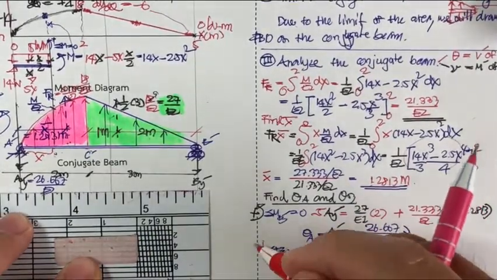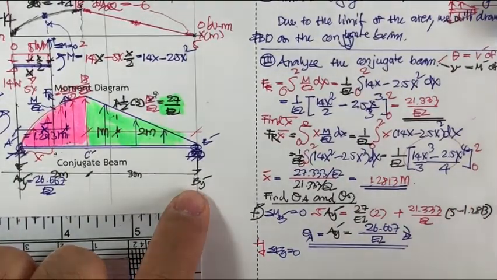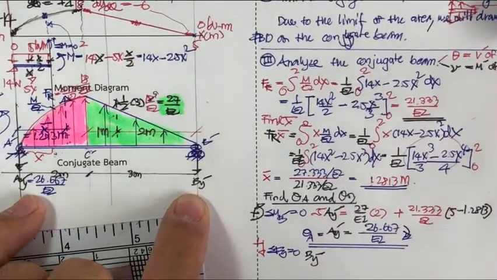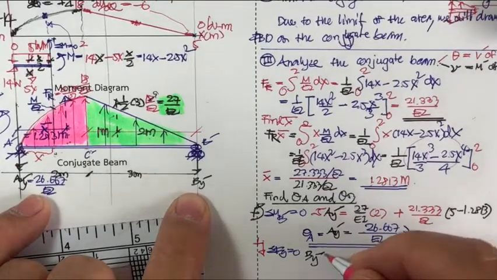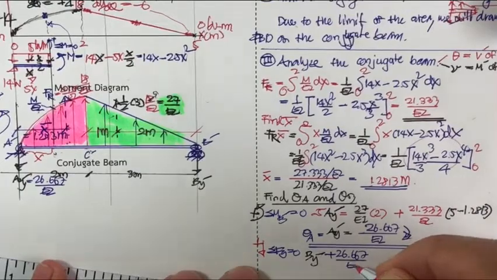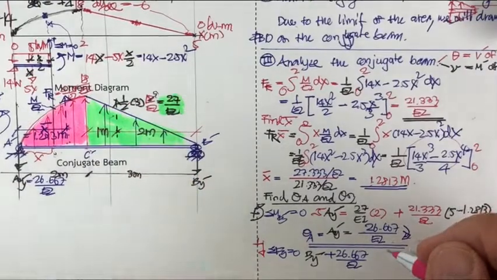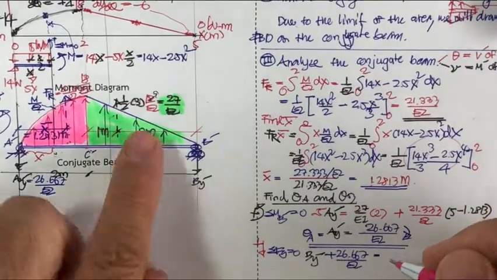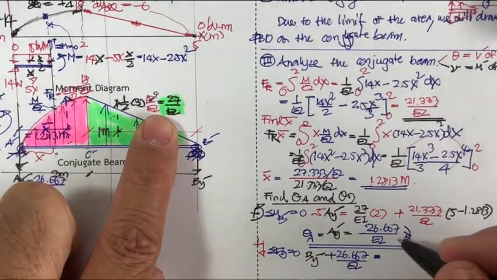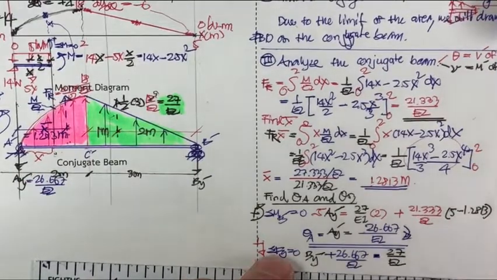We are going to determine that downward B sub y is positive, so our B sub y prime is downward. 26.667 is going to plus 26.667 divided by EI, downward. And this 27 is upward, so it's equal to 27 divided by EI.